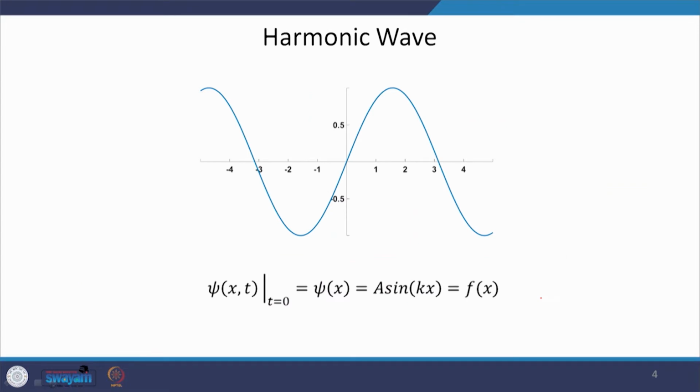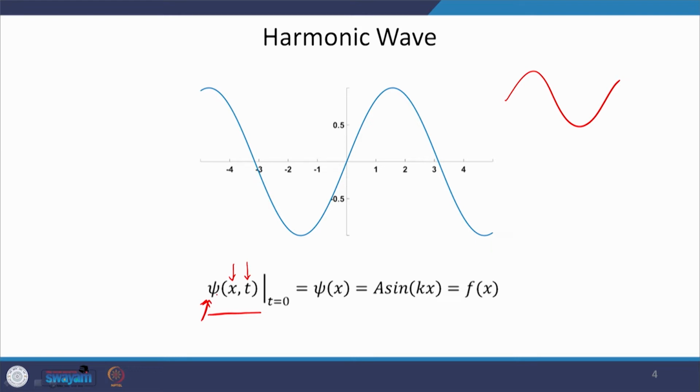Now, whenever we say wave, the harmonic wave, the sinusoidal wave, comes to our mind, and all types of waves are represented by some wave function, given by this expression psi. Psi is the wave function, and this wave function psi is a function of position variable x and time variable t.